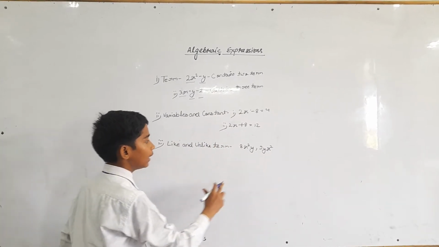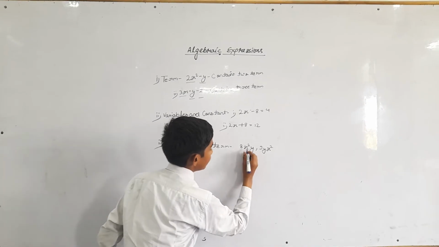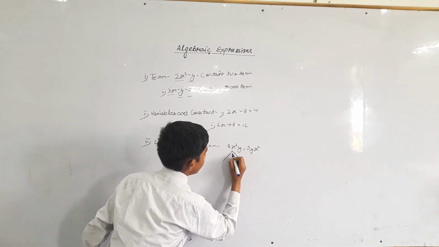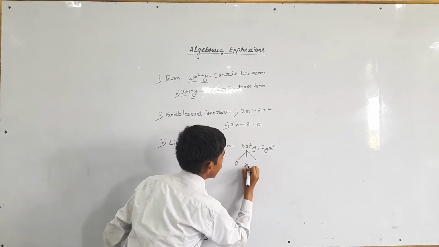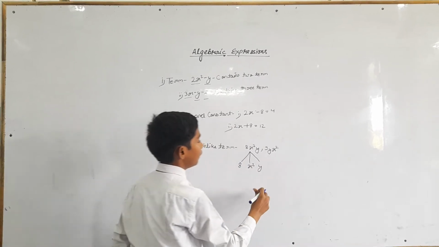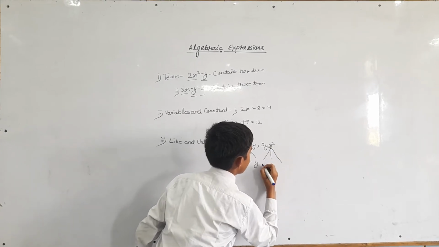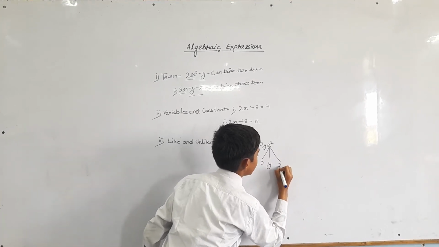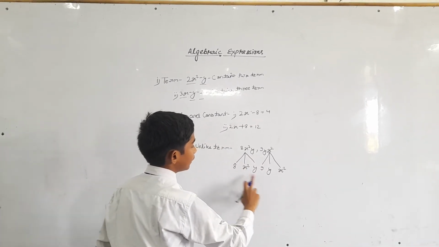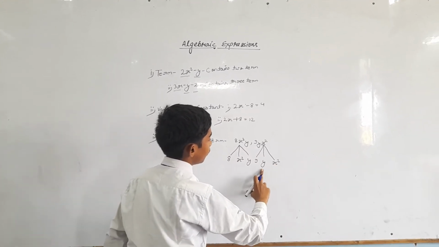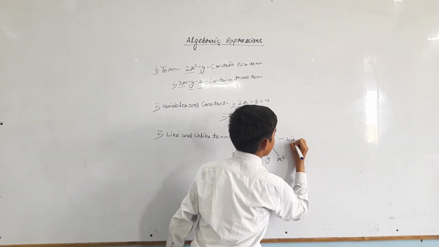Here we see that the variables are equal in both terms. When we factorize this term, it comes as 8x square y, and when we factorize this term, we see 9yx square. So the x square and the y are both in the terms. So we call it an example of like terms.